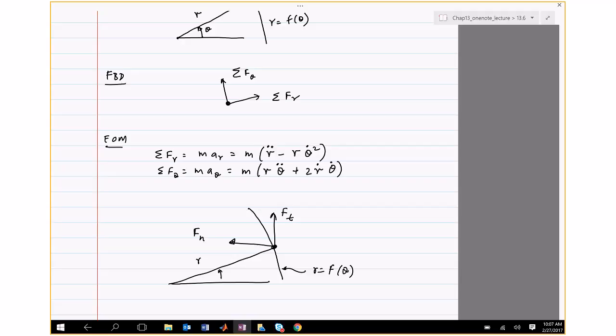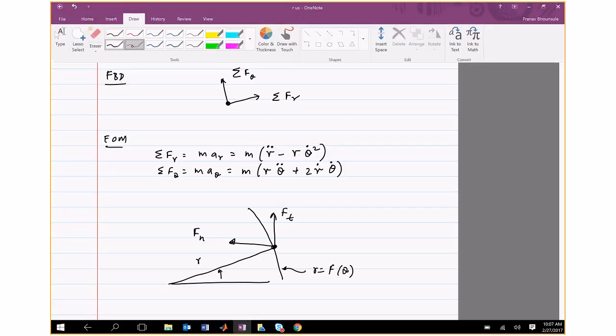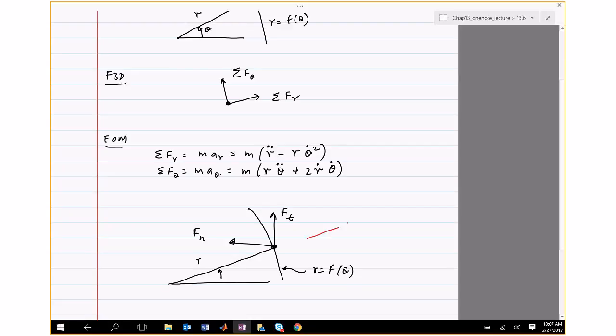So in this case, there is a way in which you can resolve the forces from the t-n frame to the r theta frame by doing this. This is going to be the vector in the r direction. Let's say this is the vector in the n direction. Note that this is in the direction opposite of Fn. This is just the way the forces are.